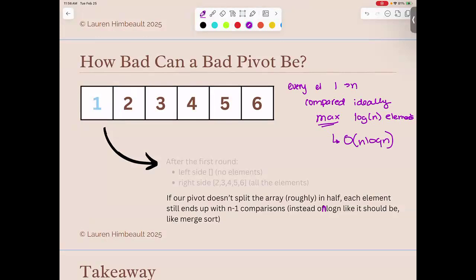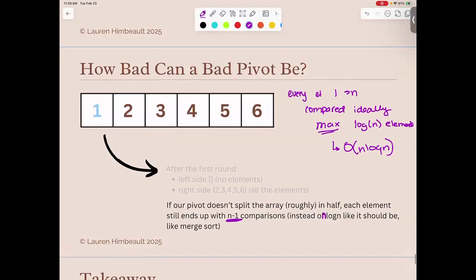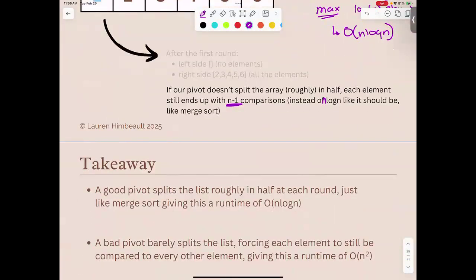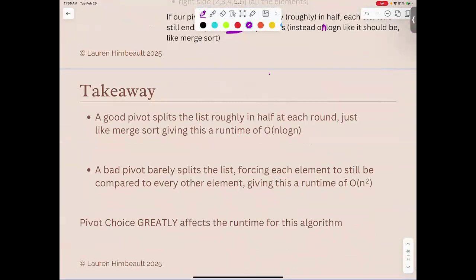But that's not what necessarily happens if we pick a really bad pivot, because like I said, every element ends up doing n minus 1 comparisons, which means we end up with every element 1 to n compared with n minus 1 elements.